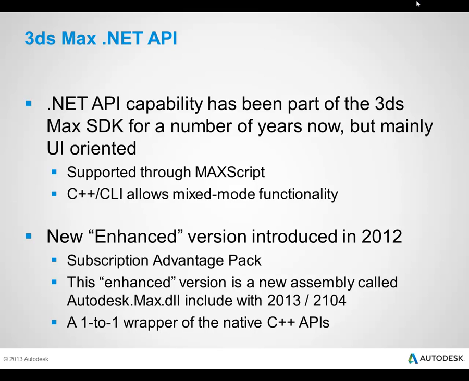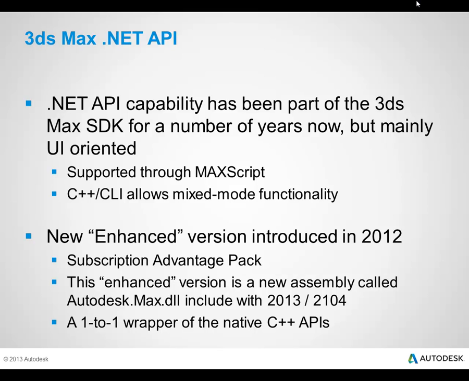Okay? So this gives you a lot of capability, but it's also kind of tricky to get working, and it can be dangerous. This new enhanced version, which provides access to the scene, eliminates the need for this idea of mixed mode. Now you can just consume this new assembly, the new enhanced functionality, which gives you direct access to the scene.